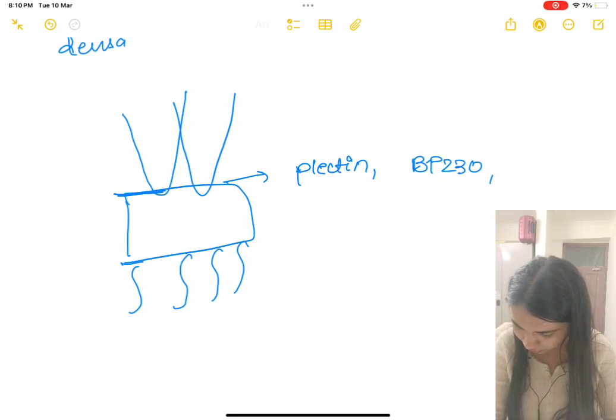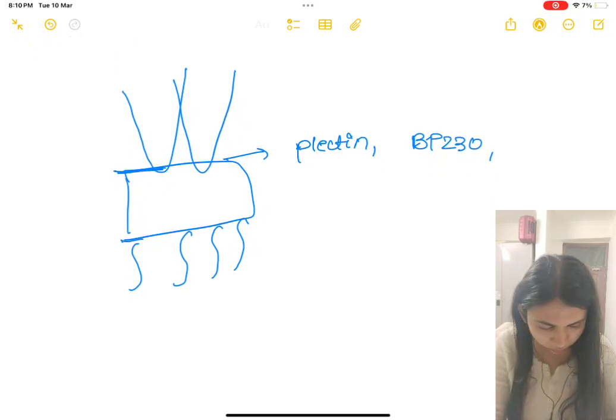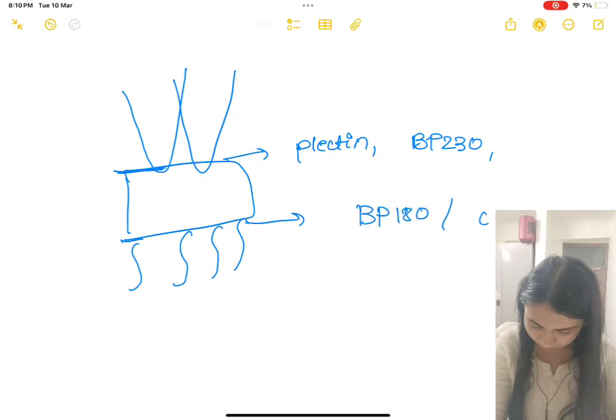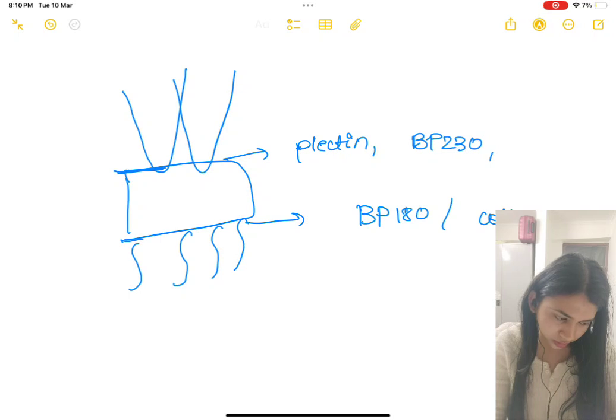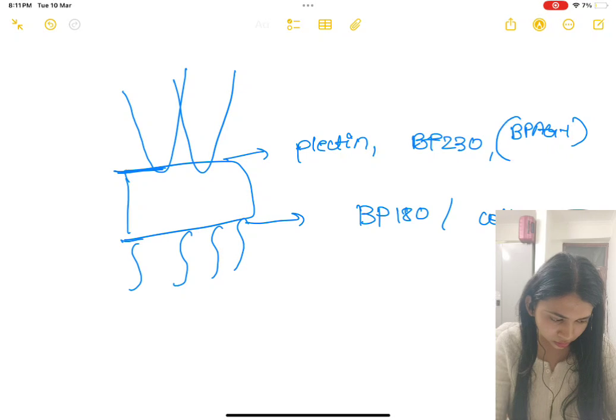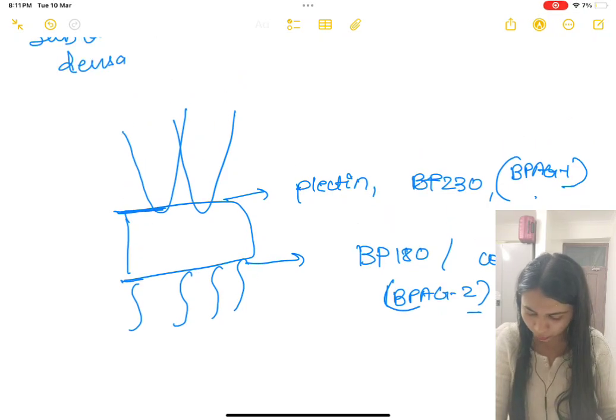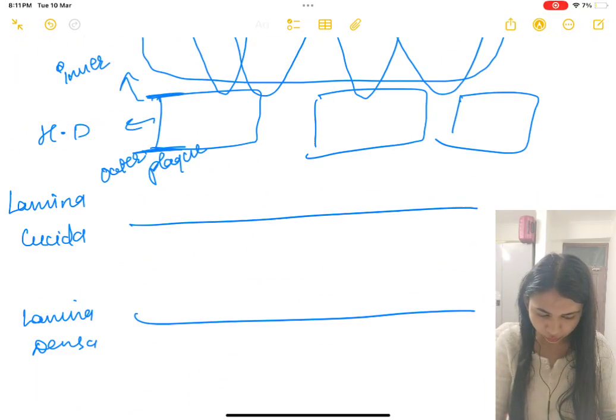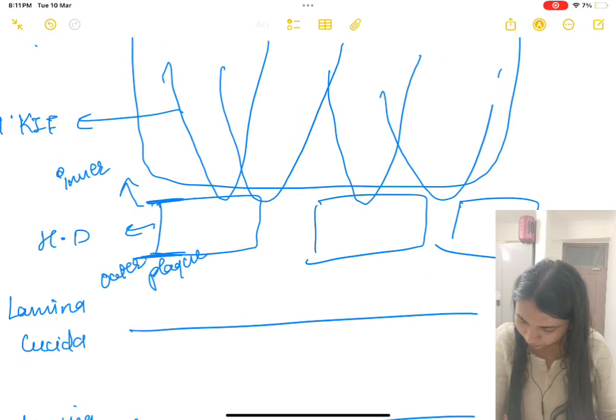Plectin and BP230, this you have to remember, and your outer plaque BP180. BP180 is collagen type 17. Yes. Now BP230 is also called as BPAG1 and BP180 is your BPAG2, which is at the outer plaque. So inner plaque will be 1 and outer plaque will be 2.